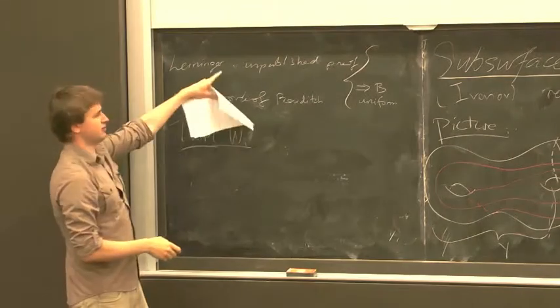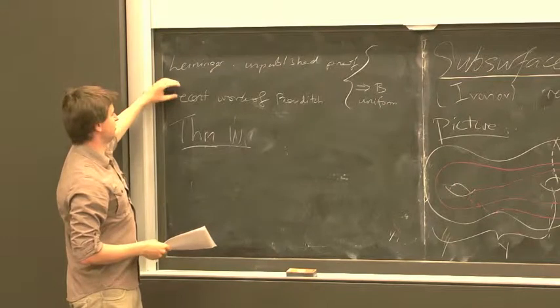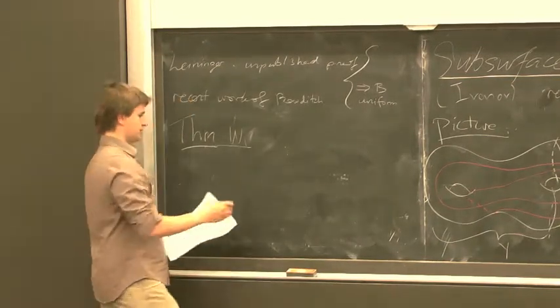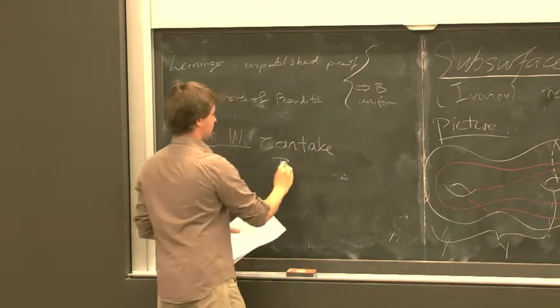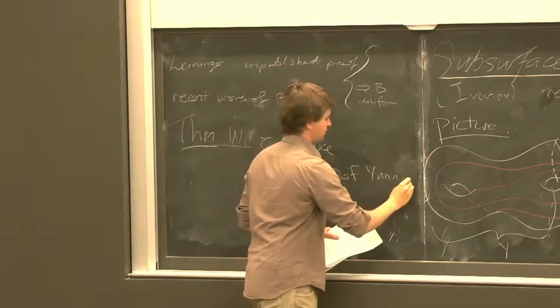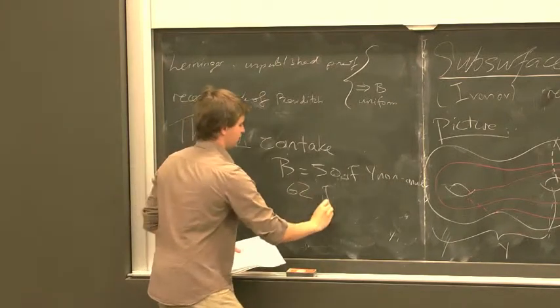This isn't written up in the literature, by the way, because this is very recent. Today I'll show you that you can take B equals 50 if Y is non-annular, and 62 if Y is annular.